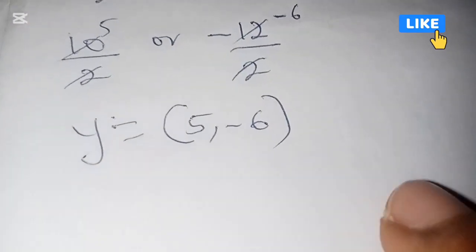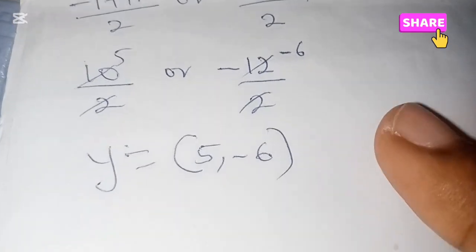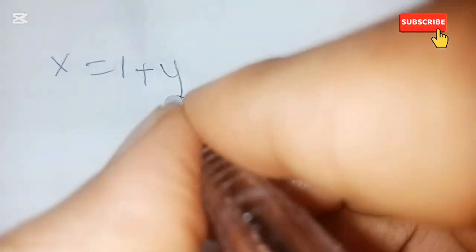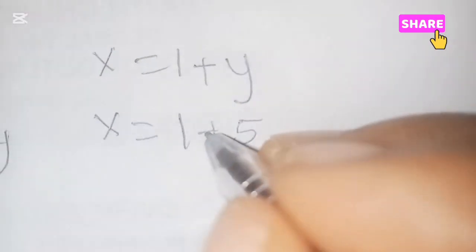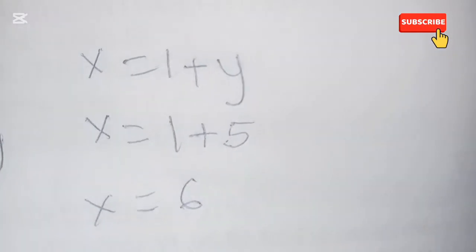Now let's use these values for y to look for x, using the earlier equation. So we have x to be 1 plus y. For case 1, y is 5, and that gives us x to be 6.